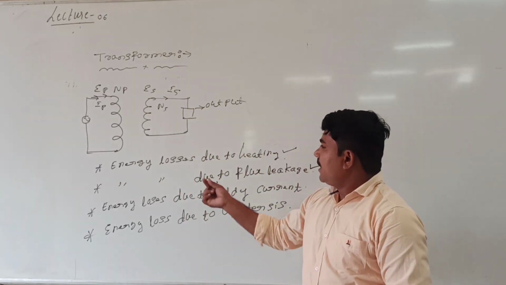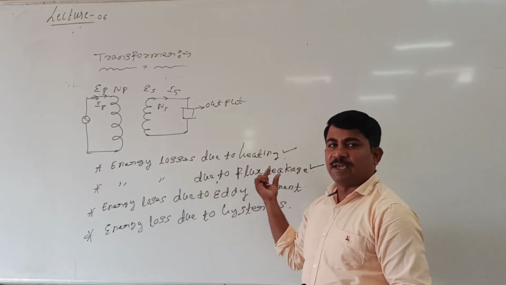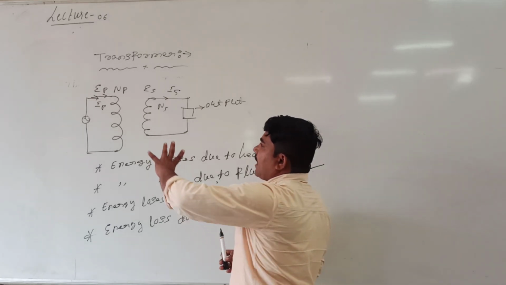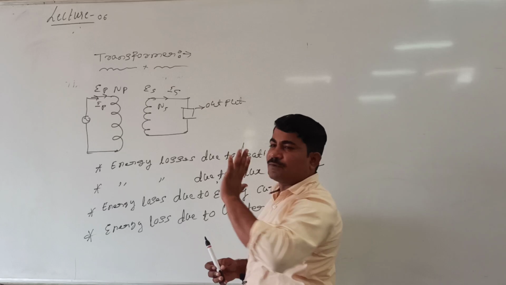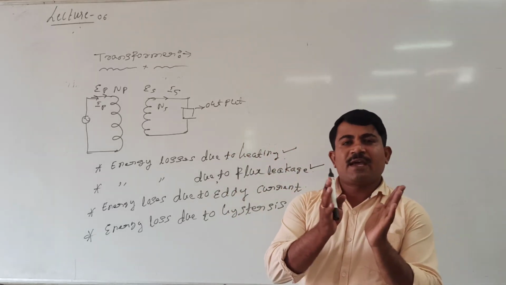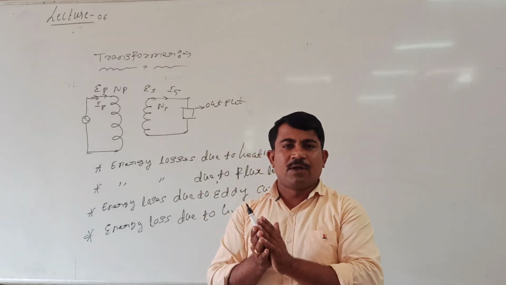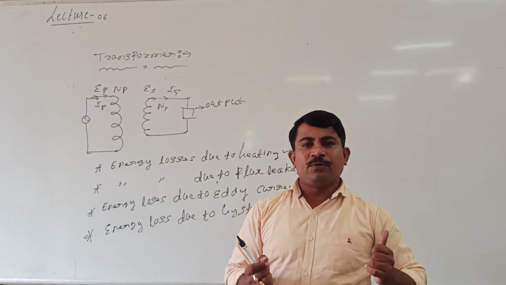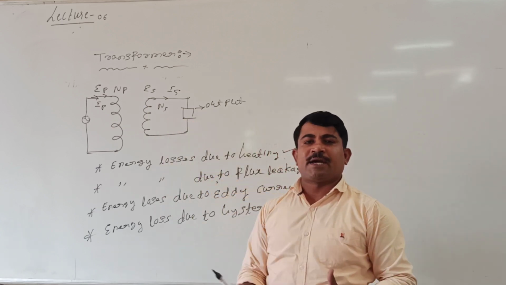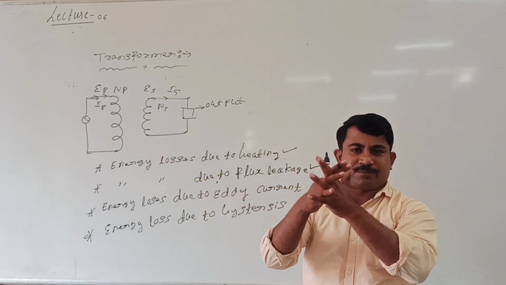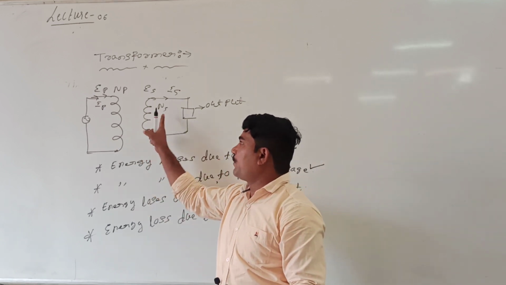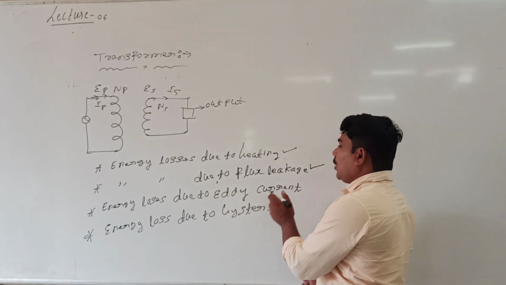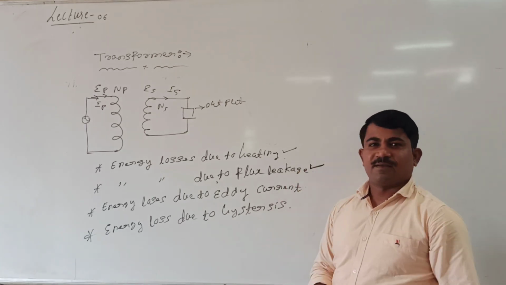So here energy is lost due to flux leakage. To avoid the flux leakage, what to do? The primary coil and secondary coil should tightly overlap each other, I mean the primary coil overlaps with the secondary coil, then you can avoid the loss of flux leakage, right?